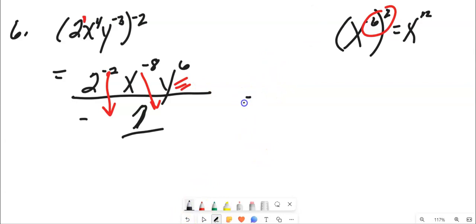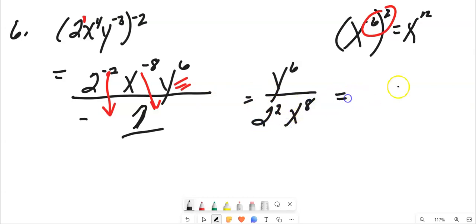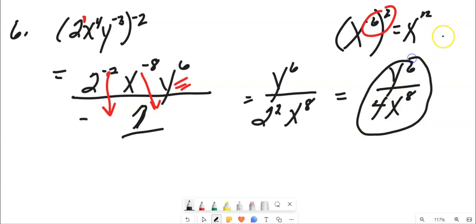So to rewrite that, y stays up in the numerator, no changes there, but we're going to put 2 squared down here and also x to the 8th power. Our final answer would be y to the 6th power over 4x to the 8th power. And that's our final answer expressed without negative exponents.